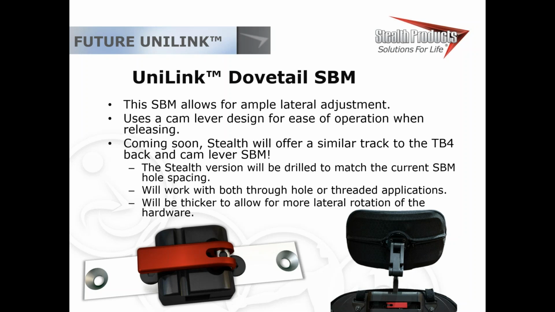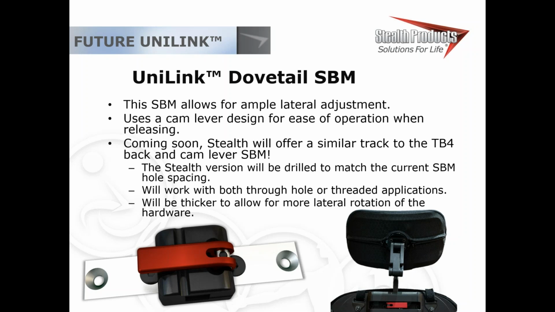So what it is, you get a dovetail mount or silver track that Quantum produces, and it's mounted already to their backrest. And Stealth produces the seatback mount or the cam lever thing. So Quantum produces part, we produce part. And what Stealth is going to do is we are going to start working on our own version. On the Quantum version, the mounting holes are extremely specific.